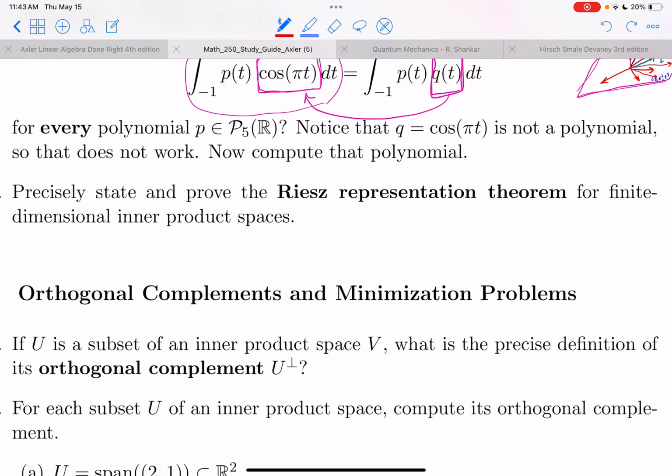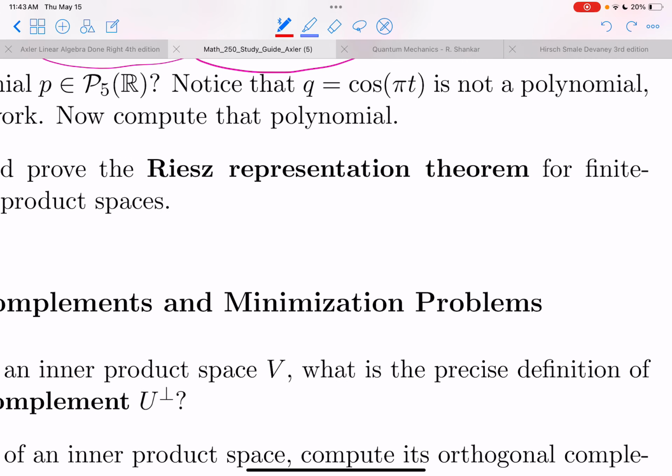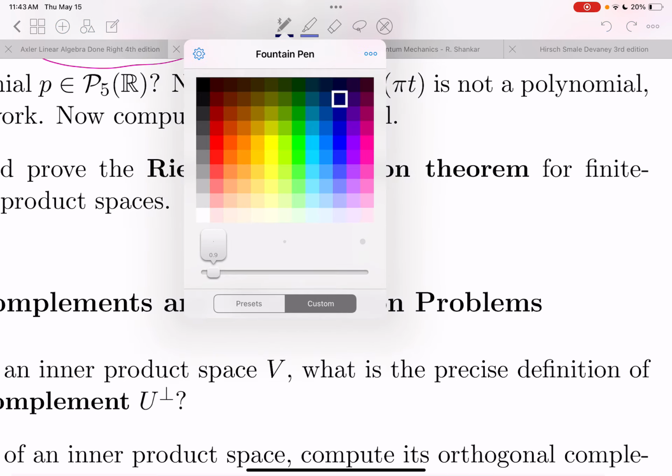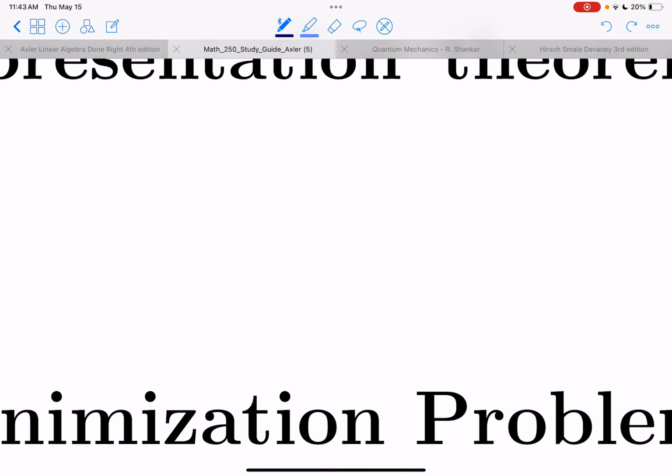But the precise statement is the Riesz representation theorem for finite dimensional spaces. There's an infinite dimensional version of this, but it's more complicated. You have to deal with the convergence of infinite series in infinite dimensional spaces. So what does it say?